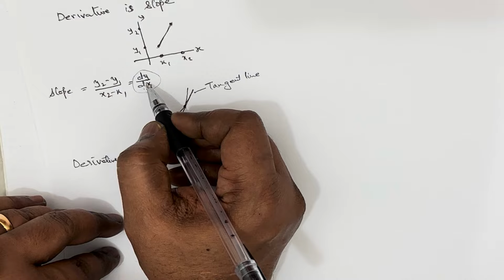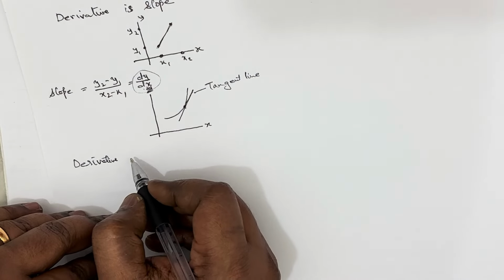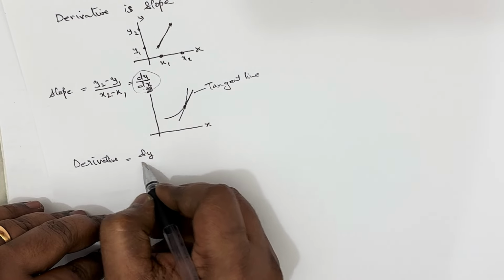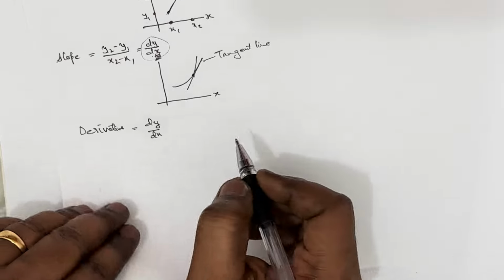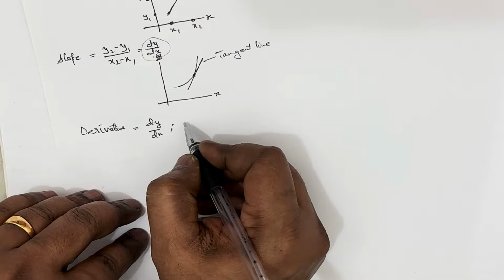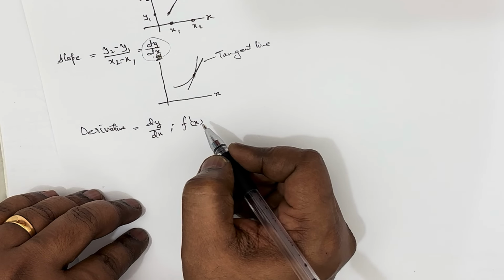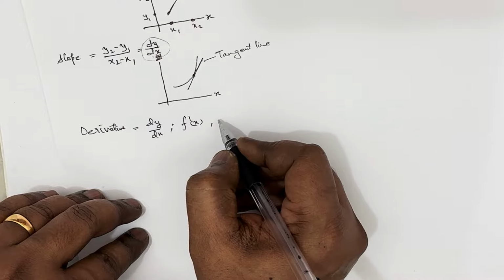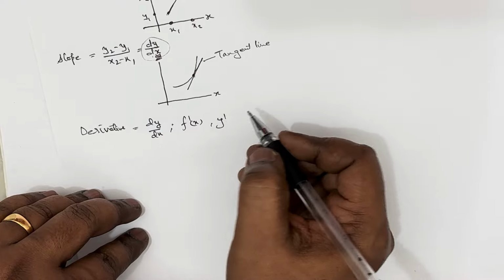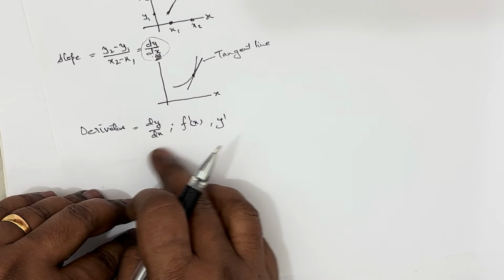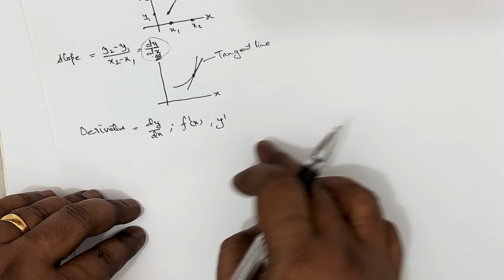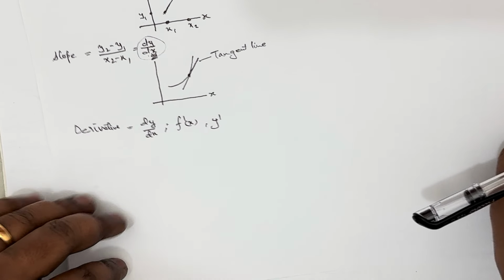So this is the notation used for derivative. Okay, dy by dx. And there are a few more notations, that is f dash of x is a notation, y dash is a notation. There are a few more, but we'll be dealing with these in our chapters.